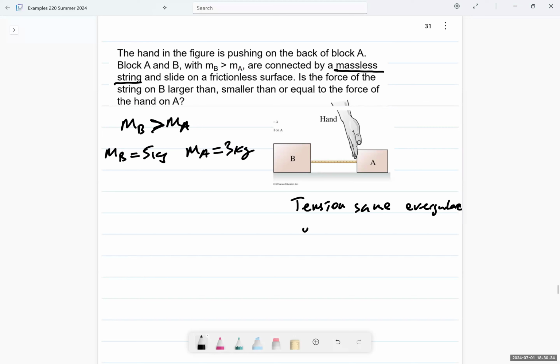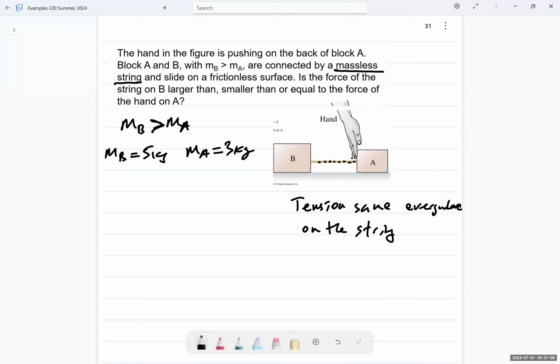Everywhere, I mean everywhere on the rope. That means any part of the rope that I look at, the tension is exactly the same, whether it's a rope or a string, doesn't matter. But if the string is not massless, I would not be able to make this assumption, because it will have different tension here, different tension there, and it will have an acceleration. But that's not something I'm interested in, and we can easily make that assumption.